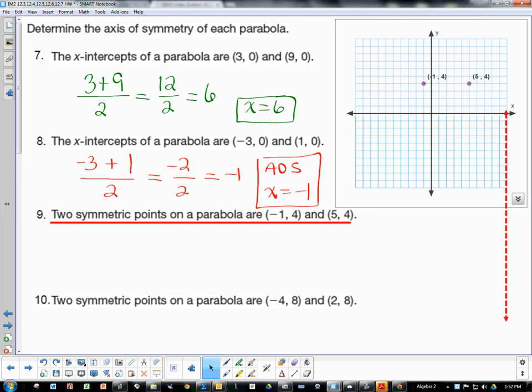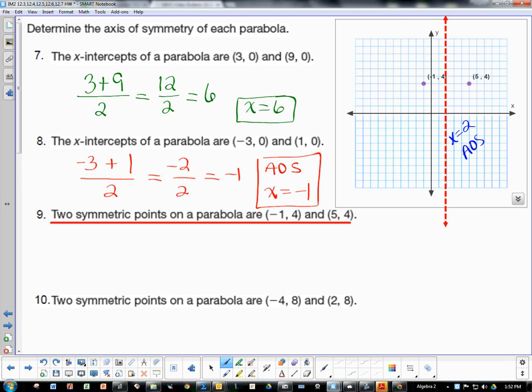There it is. If you can think about this axis of symmetry lying directly in between them, it's probably about right here. And we'll look at it. We have 1, 2. This is going to be x is equal to 2 is the axis of symmetry.